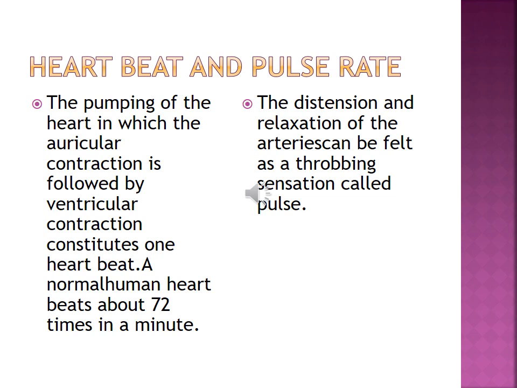When the muscles contract and relax rhythmically, the contraction phase of the muscles is called systole, whereas the relaxed phase, meaning the expansion phase of the heart muscles, is called diastole. So one complete rhythmic contraction of the heart followed by relaxation is called a heartbeat.